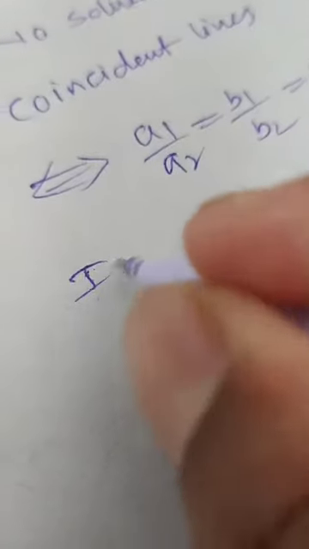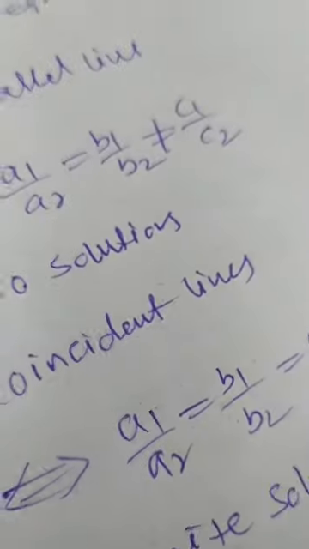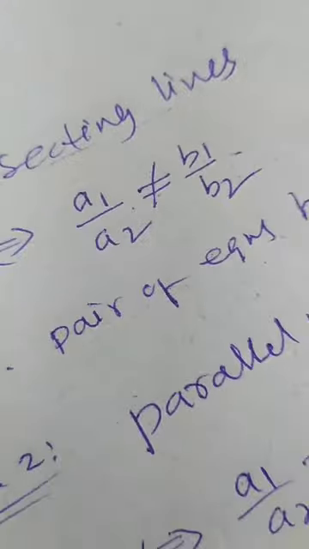They will meet each other everywhere. So infinite solutions exist. Okay, infinite solutions. So these three cases are possible for any pair of linear equations in two variables. And without the graph, we can identify how many solutions exist, using these conditions.